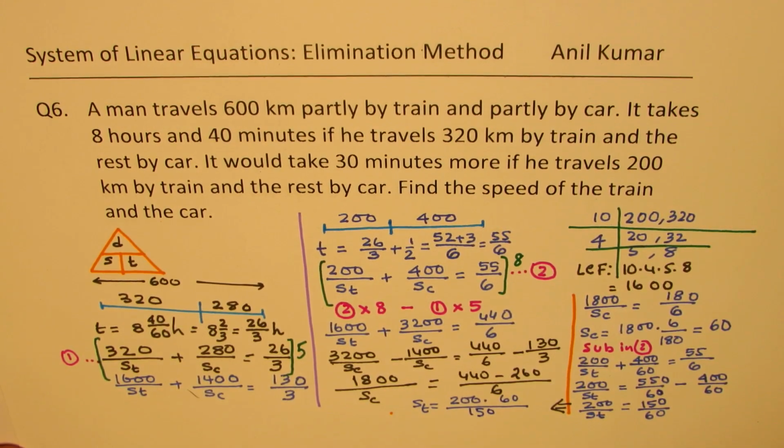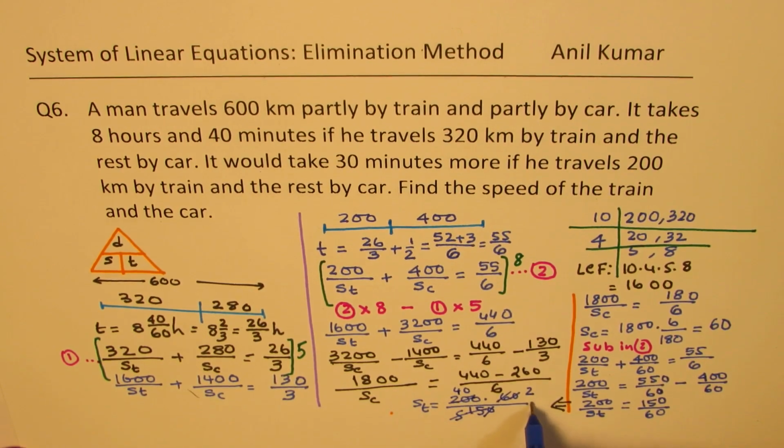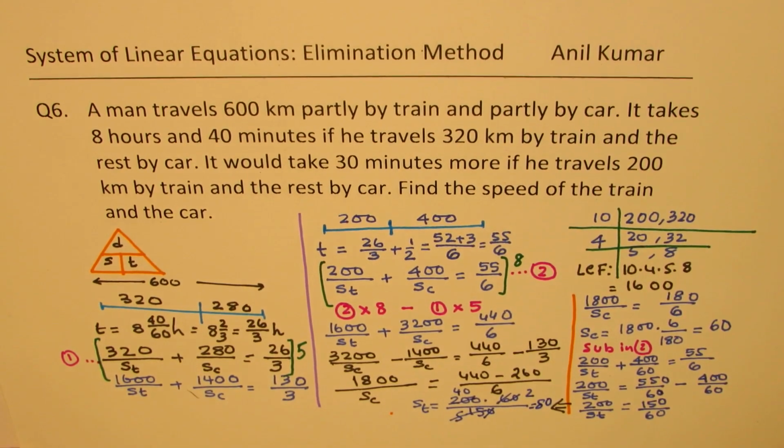Clear? So you can now simplify, cancelling zeros, and both can be divided by 3 and 5. Correct? So by 3 we get 2, and 3 times 5, and 5 goes 40 times. 40 times 2 is 80. Is that clear to you?